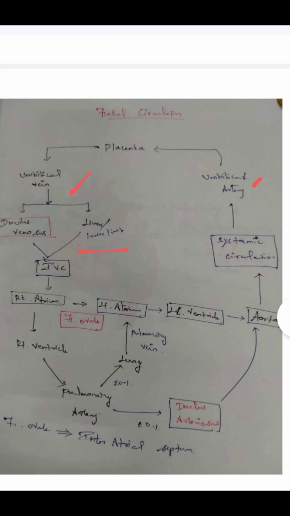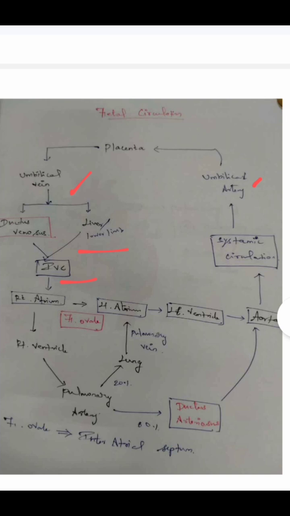From the lower part of the fetus, it is deoxygenated blood. From the ductus venosus, it is oxygenated blood which directly enters the inferior vena cava. So the inferior vena cava contains both oxygenated and deoxygenated blood.